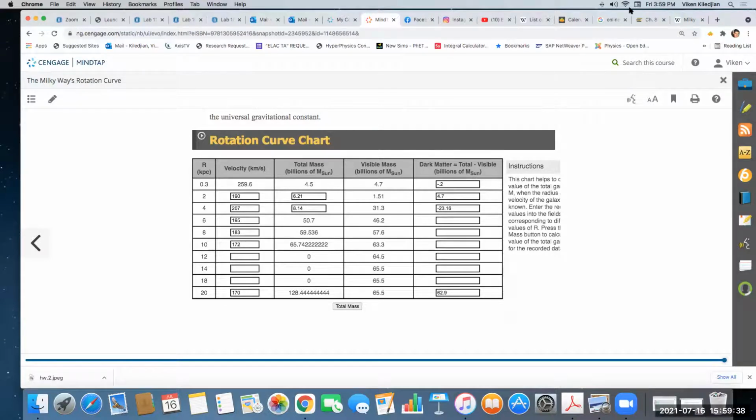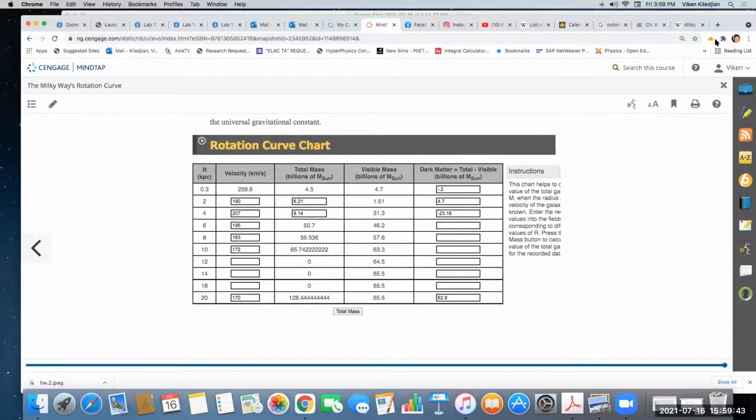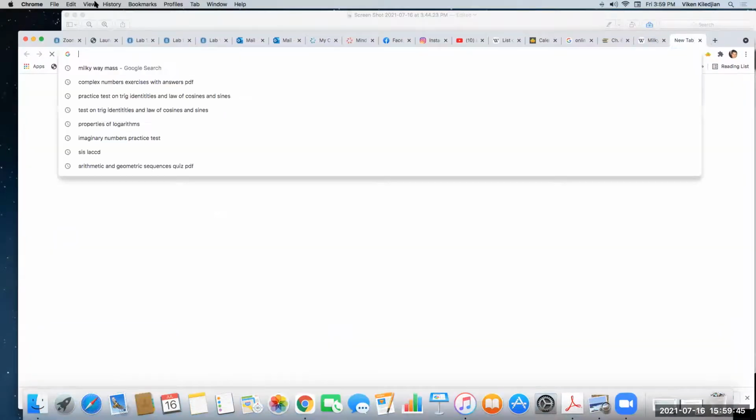So just to give you an idea of why this is a dilemma, look at the orbital speeds of planets in our solar system.